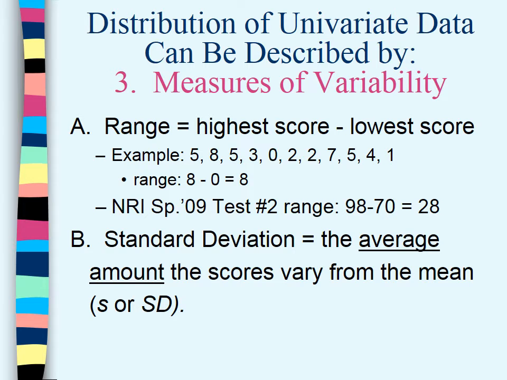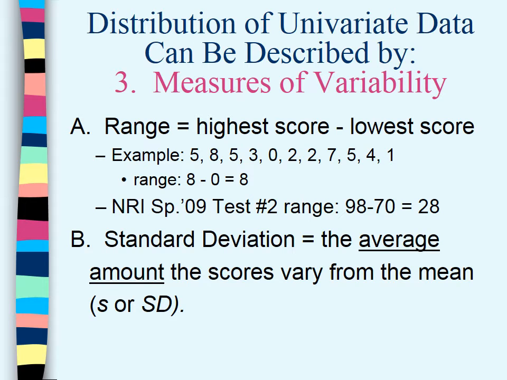One of the other things that we want to look at are the measurements of variability. And so a range is the highest score minus the lowest score. If we're looking at this example, 8 is our highest score, 0 is our lowest score, so the range is 8. And then if we look at the test, we had scores from 70 to 98, so 98 minus 70 would be 28.